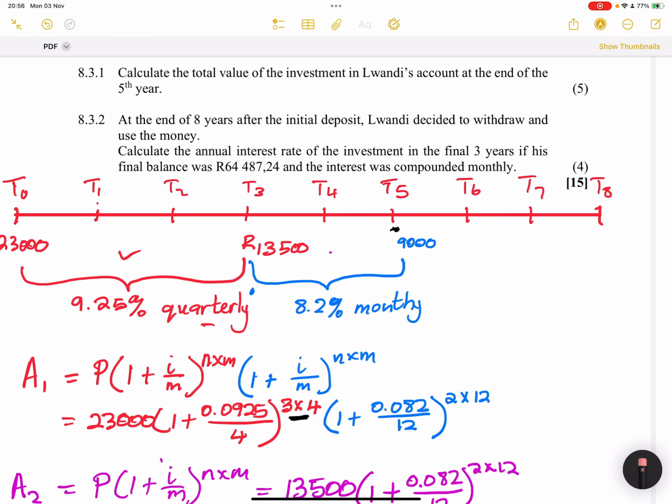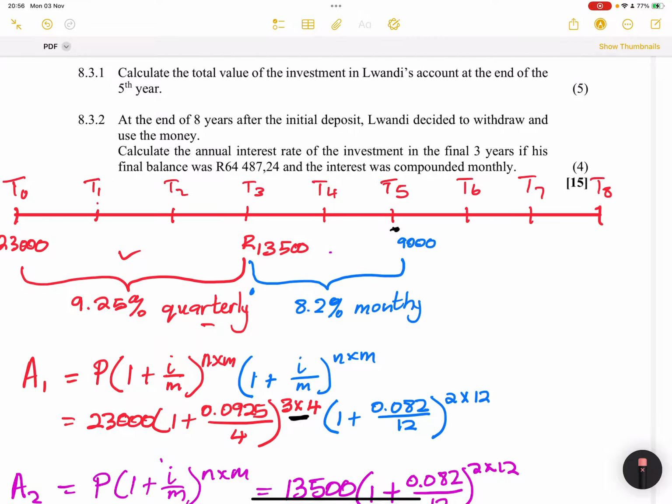Calculate the interest rate of the investment if in the final 3 years, meaning from year 5 to year 8, the final balance was 64,487 and 24 cents and the interest was compounded monthly. Now notice in this case, we know how much was here. We found it to be 42,530.